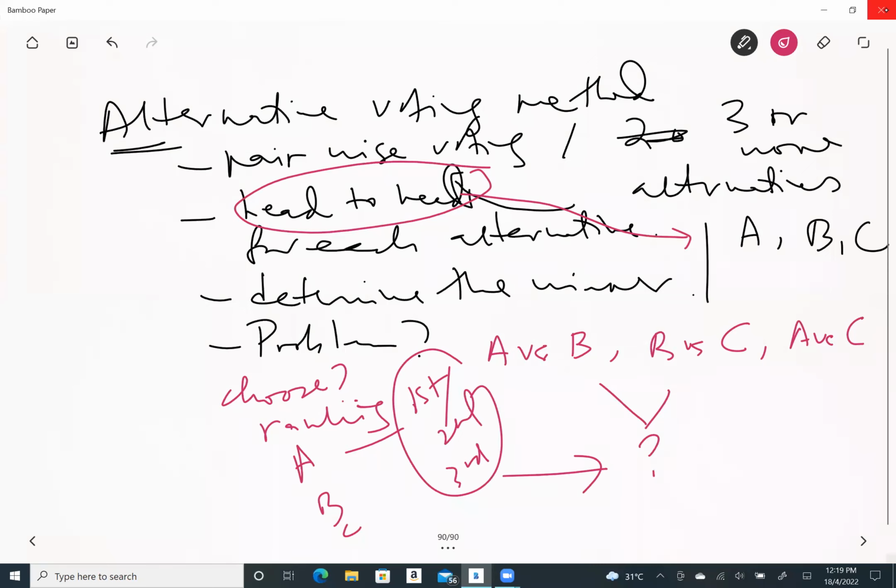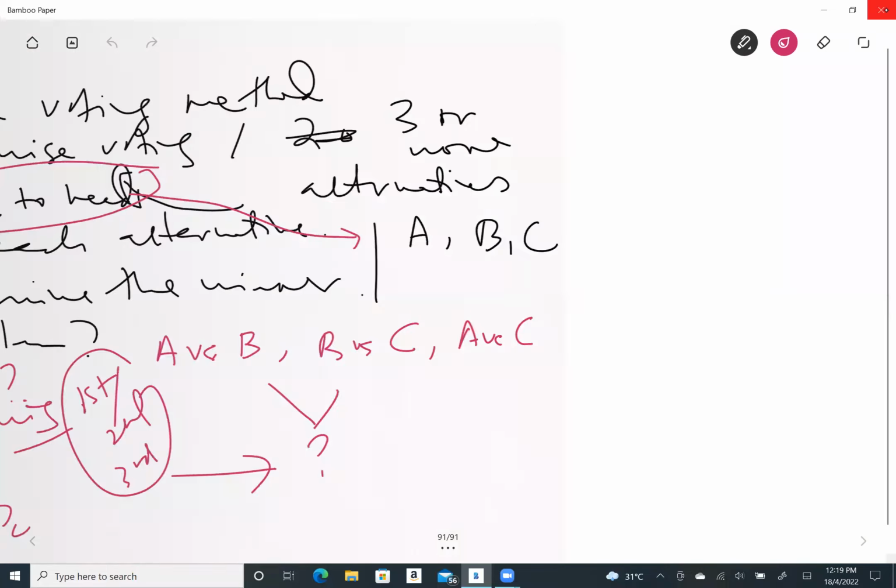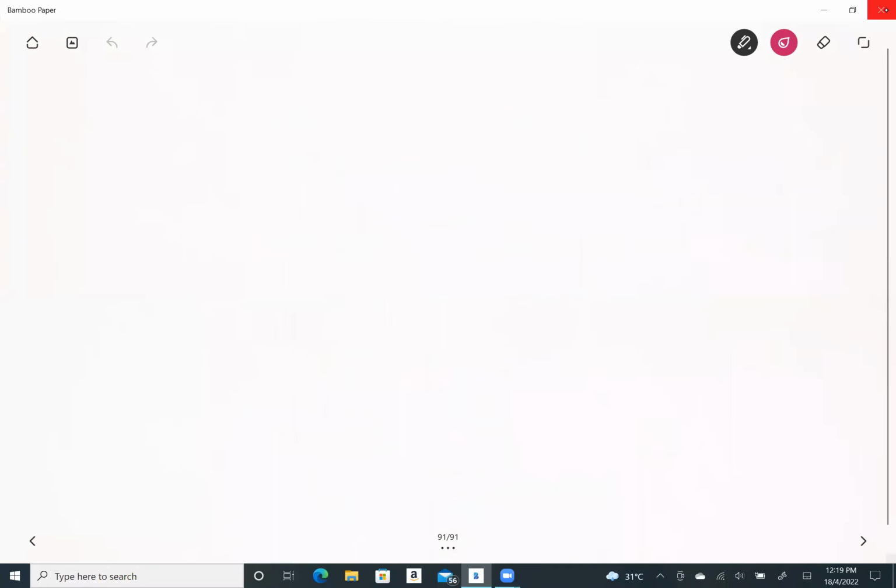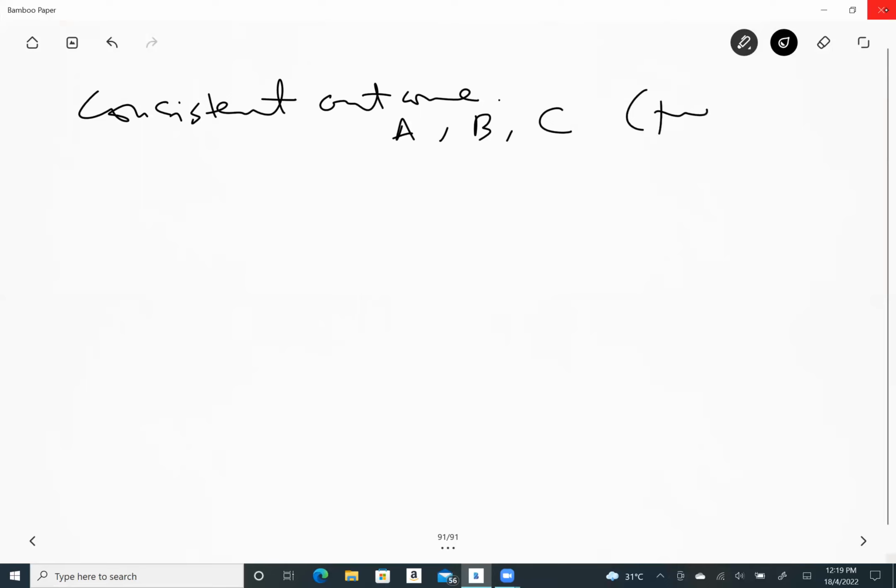Now the criteria is this. We are talking about consistent outcome. In order for us to get a winner, you must have a consistent outcome. What is consistent outcome? Given you have three choices, A, B, C, you look at preference.